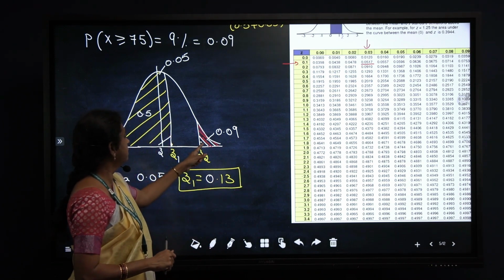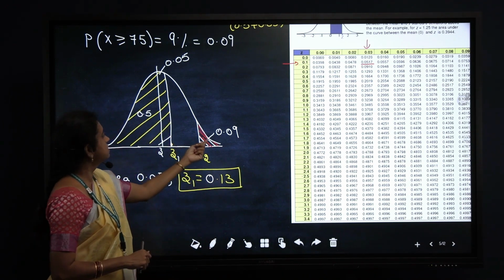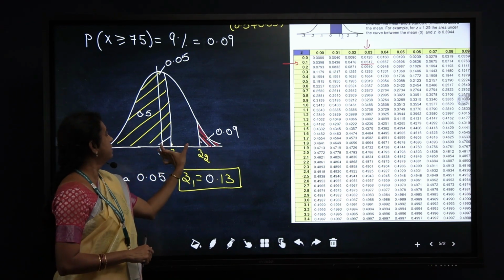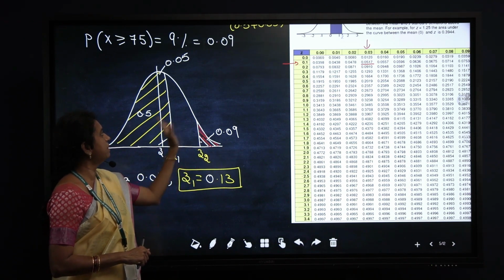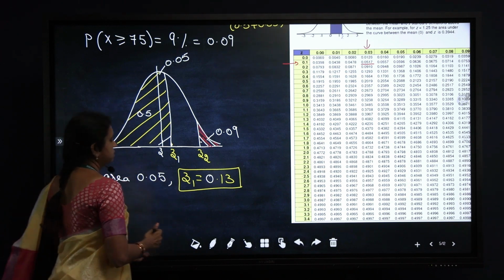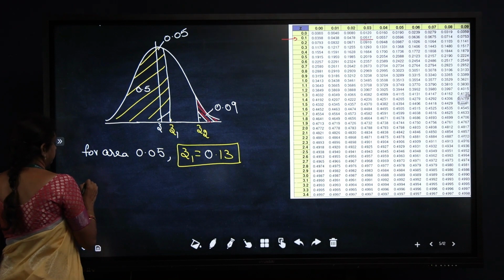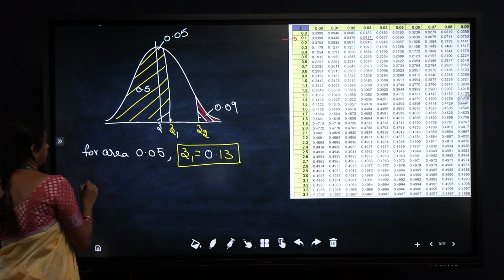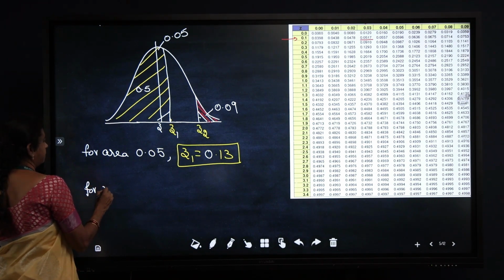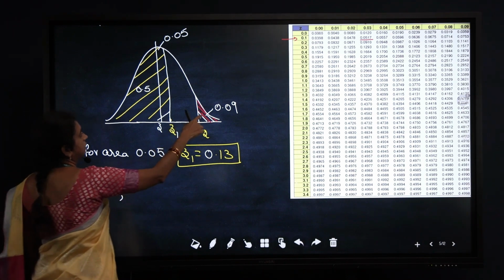Now when we have to find Z2, on this side it is tending to infinity. So we'll take the area from 0.5 minus. Now we'll take the area for Z2 from here.